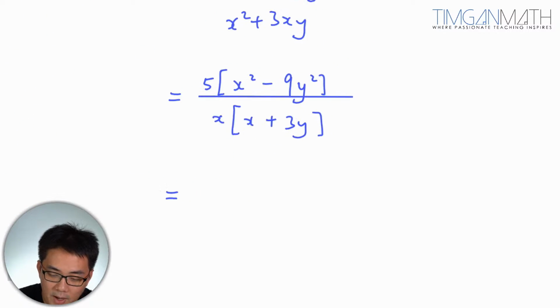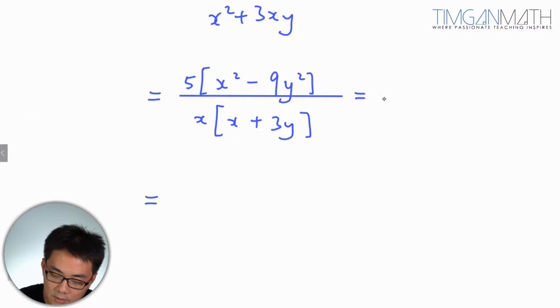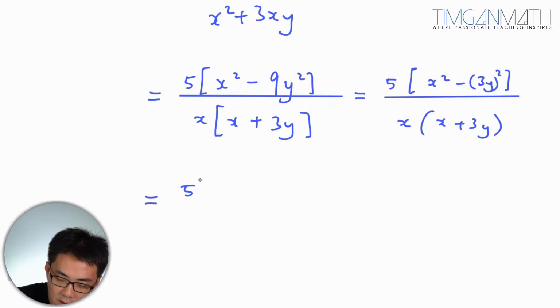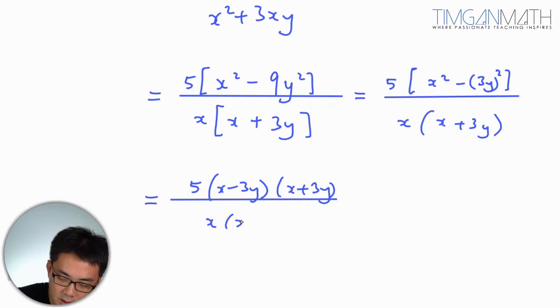So for the top part, this is pretty straightforward. This part here would be 5, and this would be x squared minus 3y squared. This is x plus 3y. So in this case, this is 5, that will be x minus 3y, x plus 3y, a squared minus b squared, over x times x plus 3y.